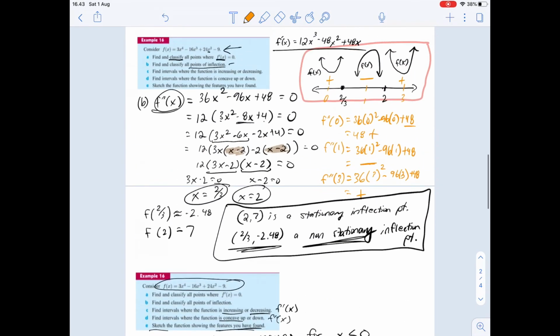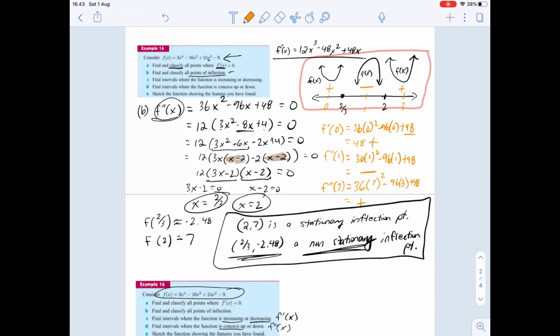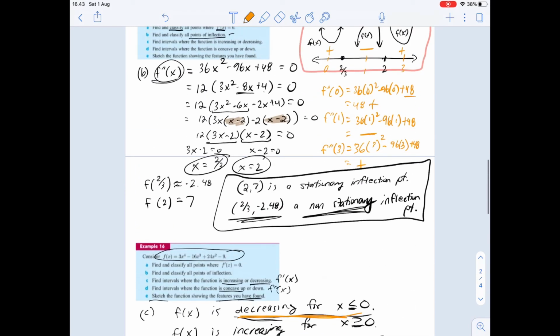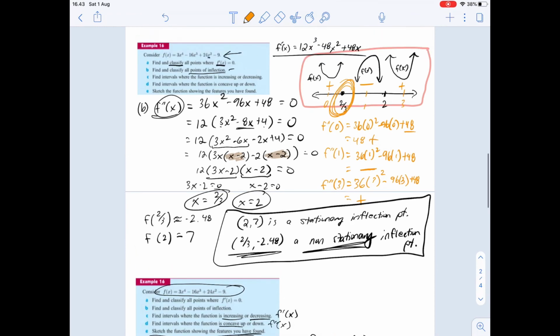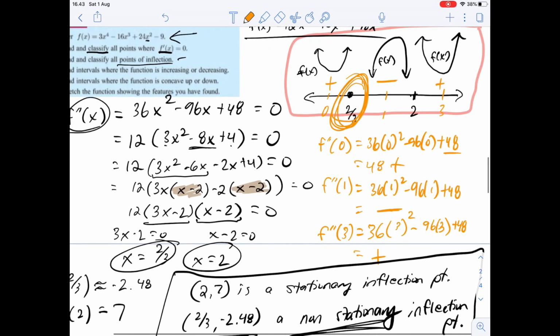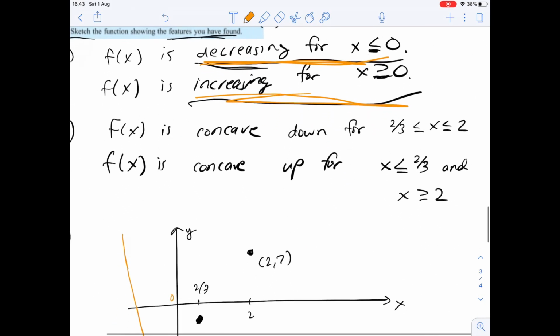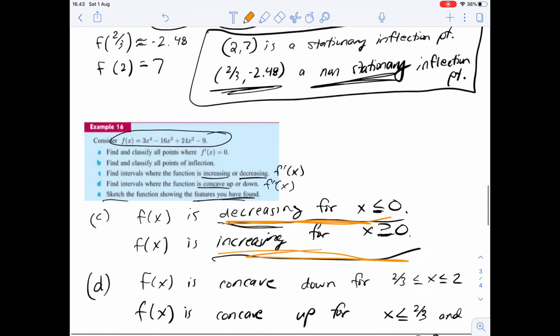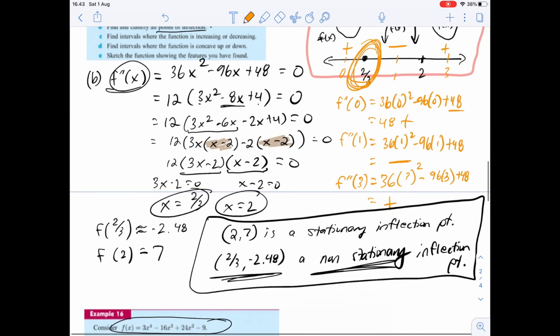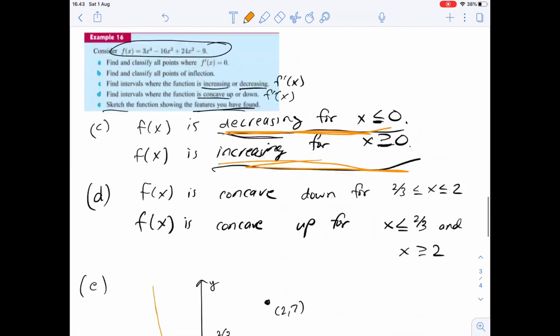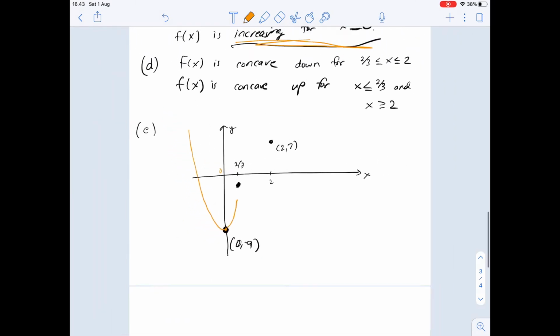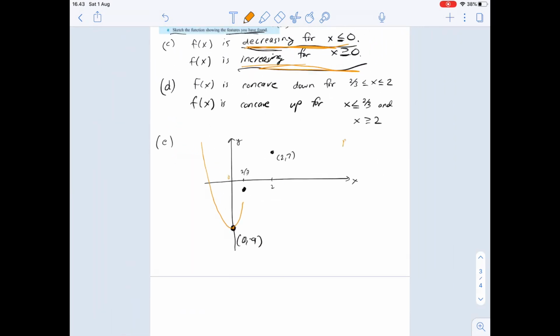And we also know from concavity that it's concave up from 0 to 2/3. Now at 2/3 here, it switches concavity. But 2/3 is a non-stationary inflection point. Non-stationary means that the slope does not go to 0. Let me write this down.